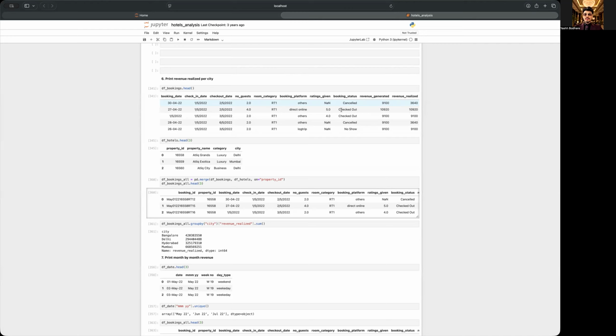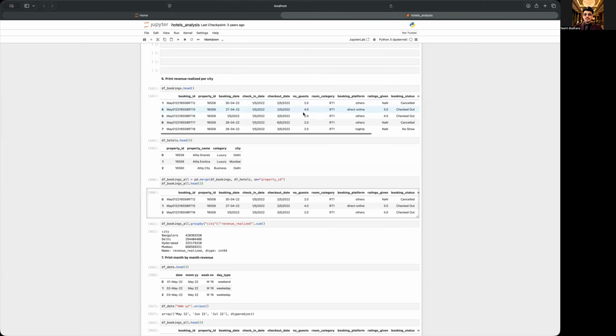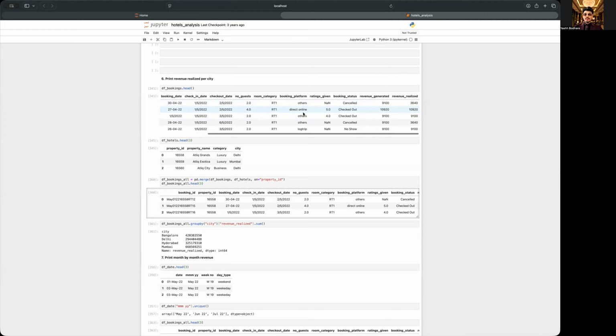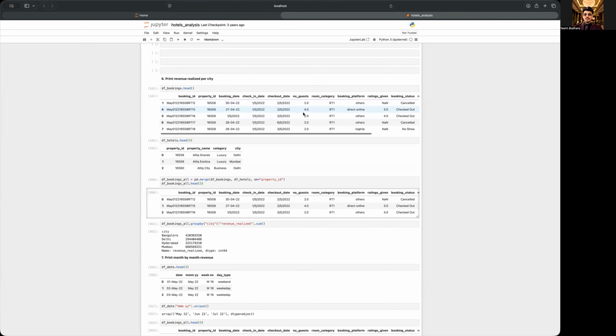So we already have the financial metric we want to analyze, but there's one problem. There's no city column in this table. So we know how much revenue each booking realized, but we don't know which city that booking belongs to.